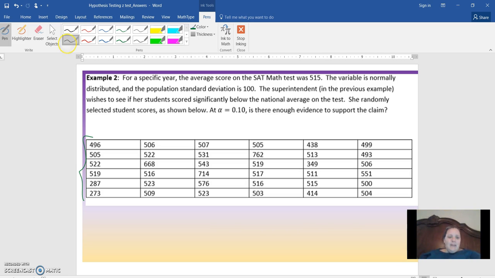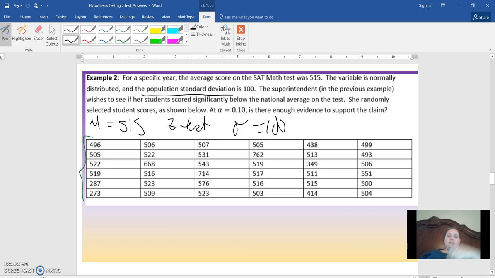Now let's read what they have for us. Specific year, the average score on the SAT math was 515. The variable is normally distributed, the population standard deviation. Alright, so that's how we know we need to use Z. Okay, that guy is 100. The superintendent, from the problem we just did, wants to see if her students scored below the national average.